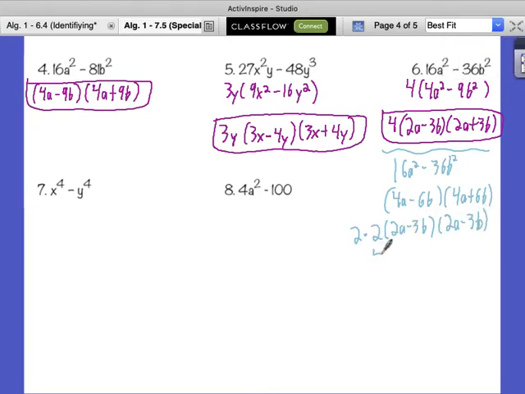Then 2 times 2 is 4 again. Do we still end up getting the same thing? Yeah, but it is a much longer process. But it does work. We get the same thing, it's just a longer process, and we have bigger numbers. So if we can catch our GCF right away, we're better off.